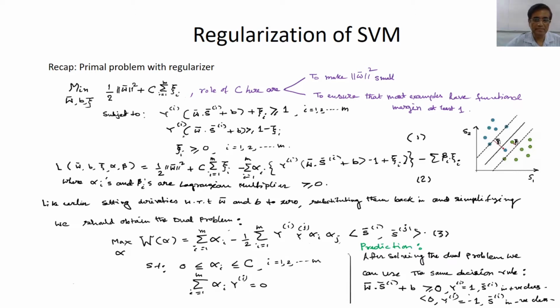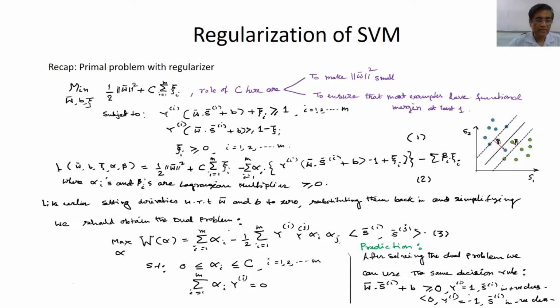Then simplifying it, taking zeta to this side, it became 1 minus zeta, and zeta also has to be greater than or equal to 0. So this is my changed objective function with the regularizer, and this is my changed constraint with the outlier-associated distance term.